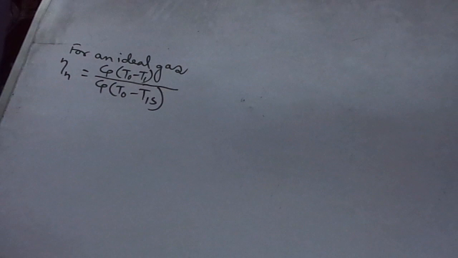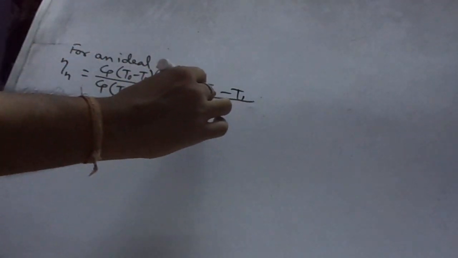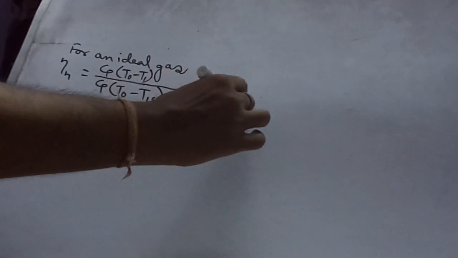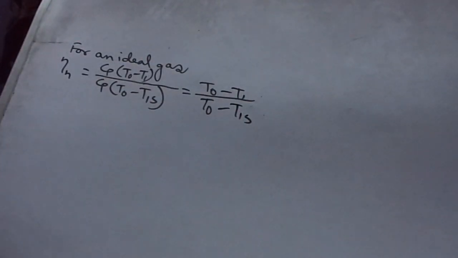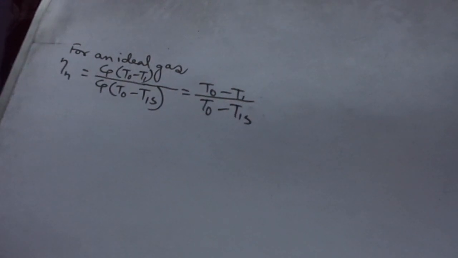So that is equal to (T0 minus T1) divided by (T0 minus T1s).